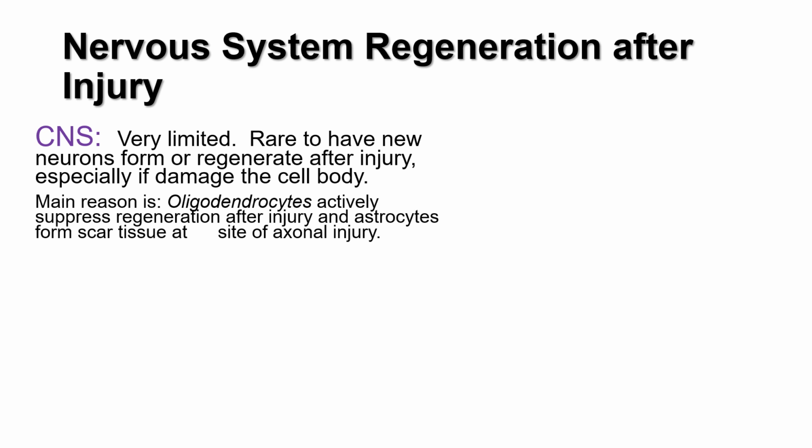One of the areas of some of the most vigorous and aggressive research in neurophysiology is the ability to regenerate following injury. The issue with neurons is that they are so specialized that they can't de-differentiate in order to divide.